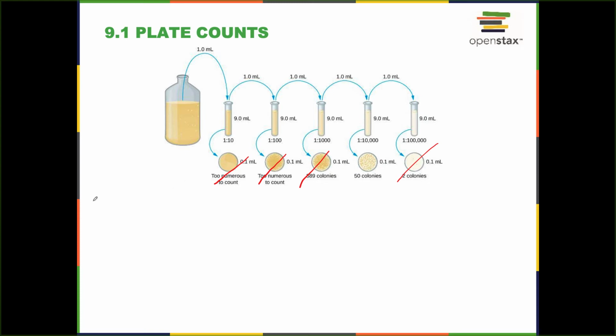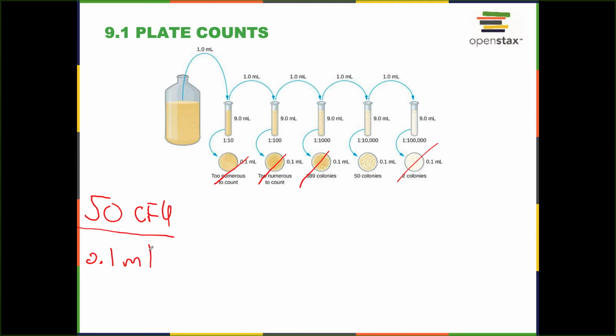So we have in this tube, where's my cursor? I lost my cursor. We have 50 CFU per 0.1 milliliter. Okay.